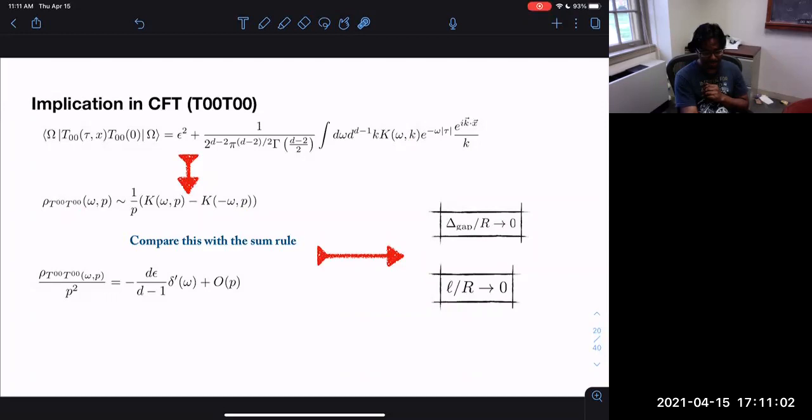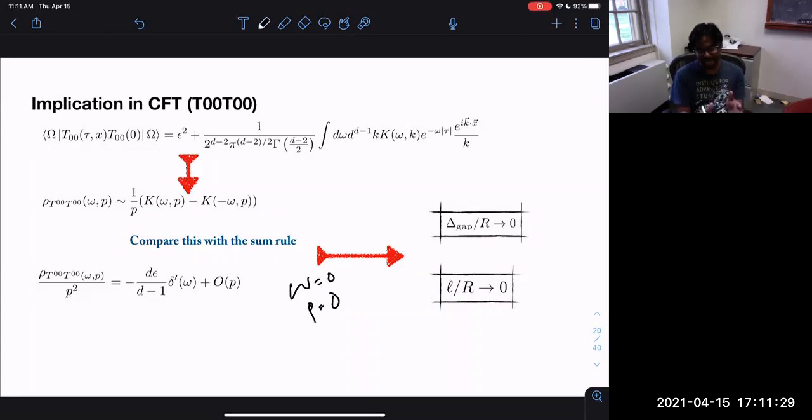And now you have to compare this with your original sum rule, which tells that there is some particular behavior in the p going to 0 limit. And in particular, it has some delta prime of omega. So this tells you that this function K(omega, p) must have some support at omega equals 0 and p equals 0.